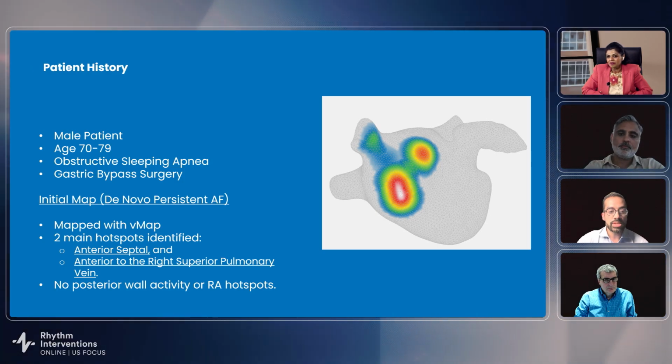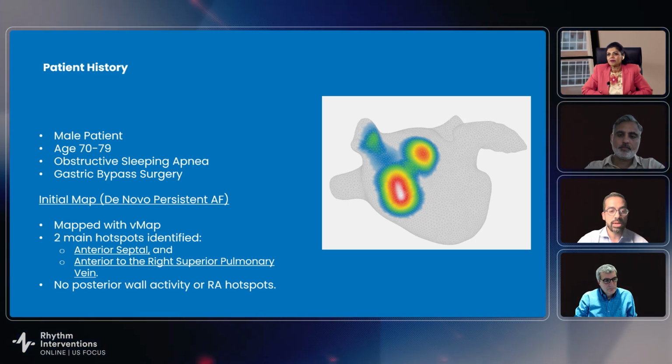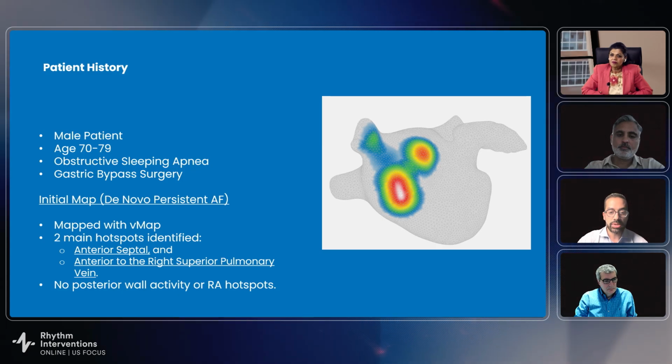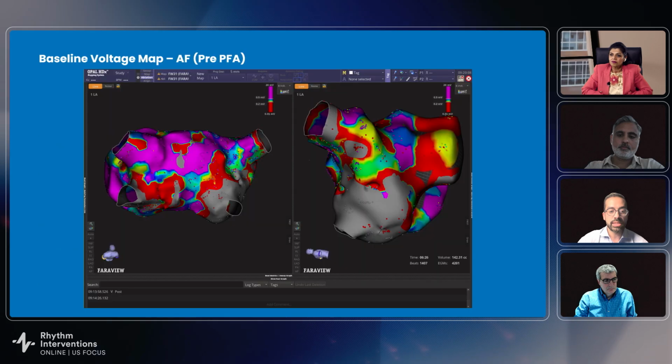And in this particular case, while mapping in atrial fibrillation, we identified both an anteroseptal hotspot, particularly just anterior to the right superior pulmonary veins, and then a true anterior hotspot with no posterior wall activity or RA activity identified.